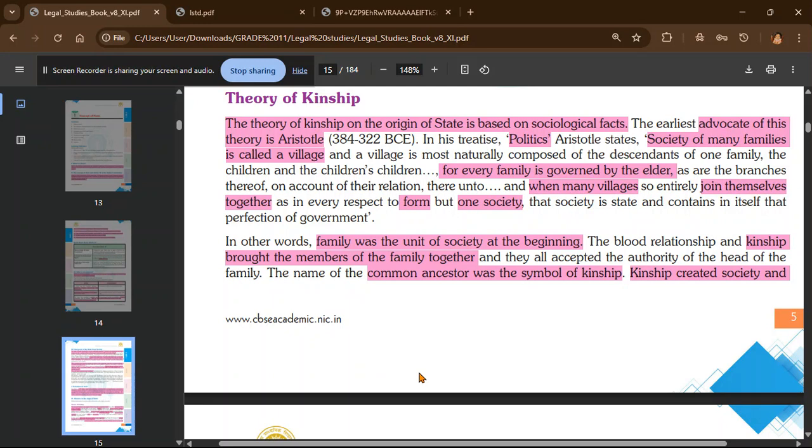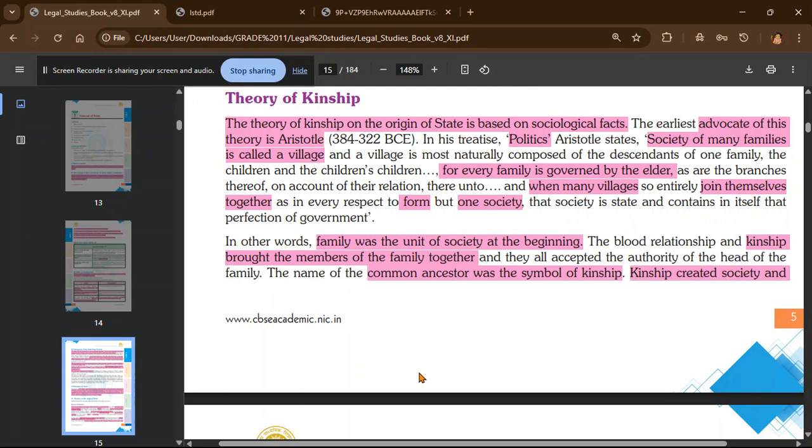In his treatise Politics, Aristotle had stated that society of many families is called a village, and every family is governed by an elder. You must have seen, if you belong to a village or if you have gone to rural areas, in every household you have this elder member who acts as a head of the family, right?